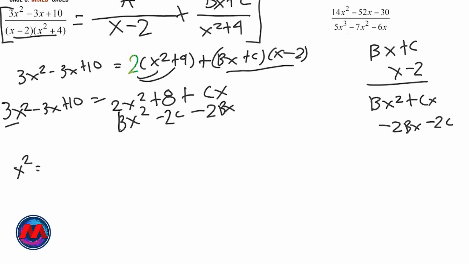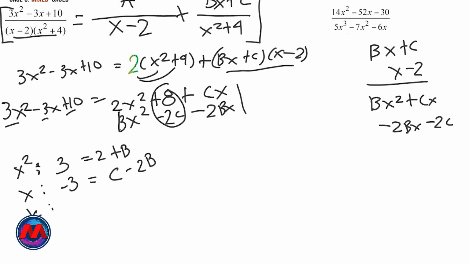Yung mga values ng x squared: 3 is equal to 2 plus b. X natin is equal to negative 3, negative 3 is equal to c minus 2b. At ang constant natin, 10 is equal to 8 minus 2c. Alright?